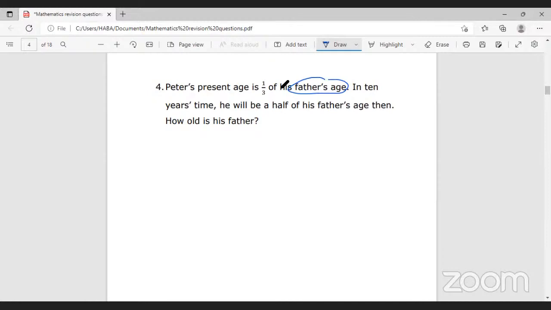So when we read the statement, Peter's present age is a third of his father's age. So to know Peter's age, we must first of all know the father's age. So we are going to begin by letting the father's age be X. And then we draw a simple table.